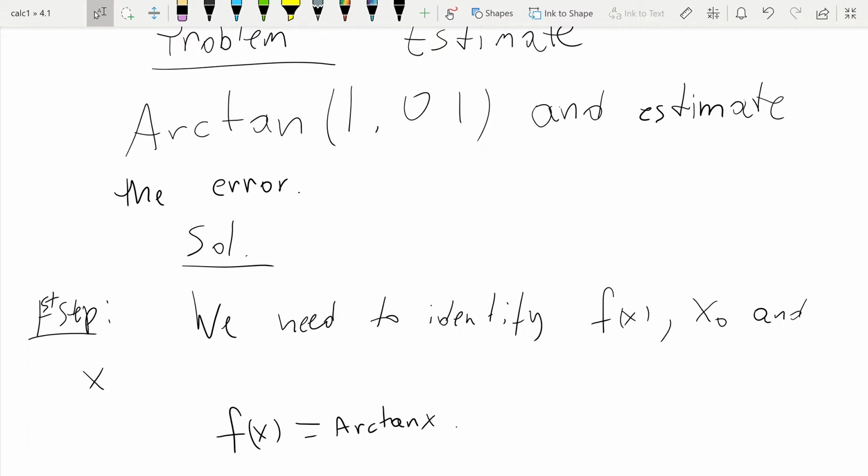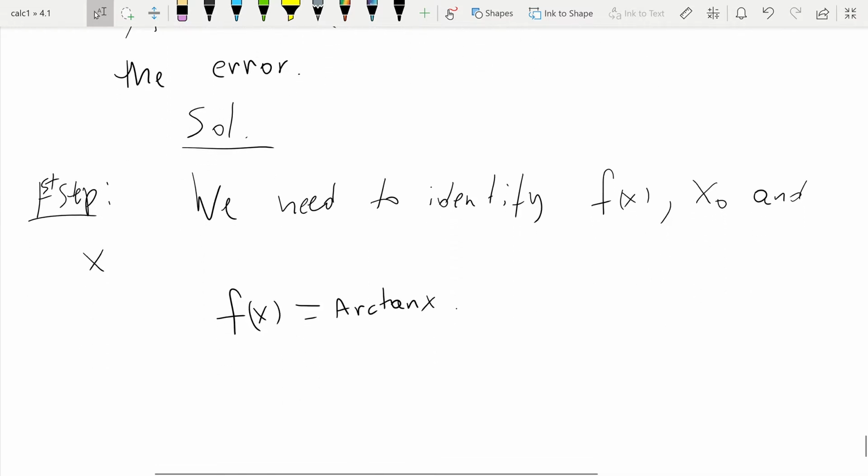Here we're considering the branch for which arctan of 1 is equal to pi over 4. Remember, we already used that in previous problems, where we computed sine of pi over 4, which was square root of 2 over 2, and cosine of pi over 4, which is also square root of 2 over 2.